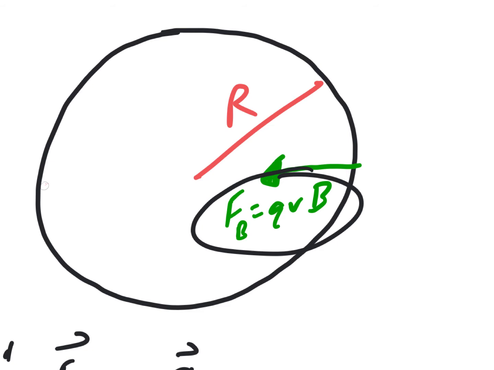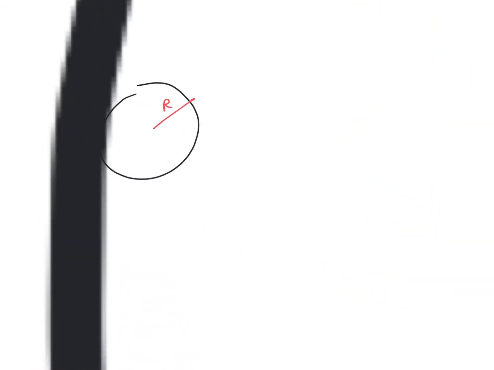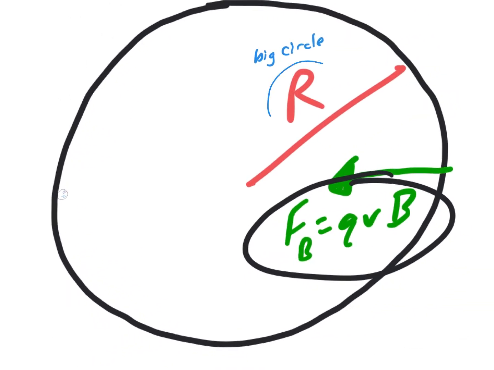This is our big circle, and this is our small circle with a small radius of motion compared to our big radius of motion.